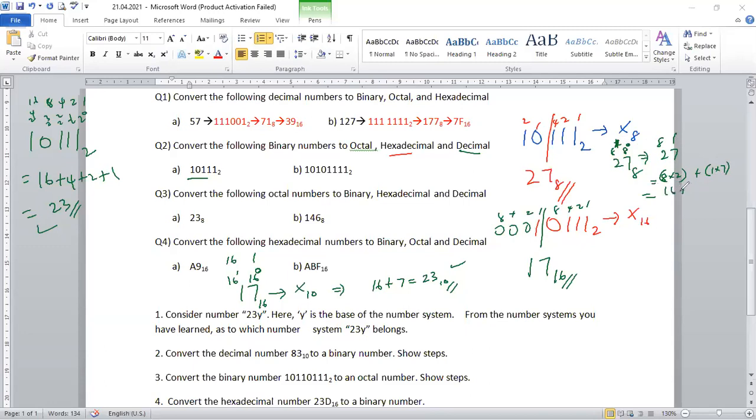So 16 plus 7. And here also 23. You can see if you got the number with octal, you can convert it to decimal. If you got the number with the hexadecimal, you can convert it to decimal. If you have the binary number, you can convert to decimal. But you are getting the same answer for the value.